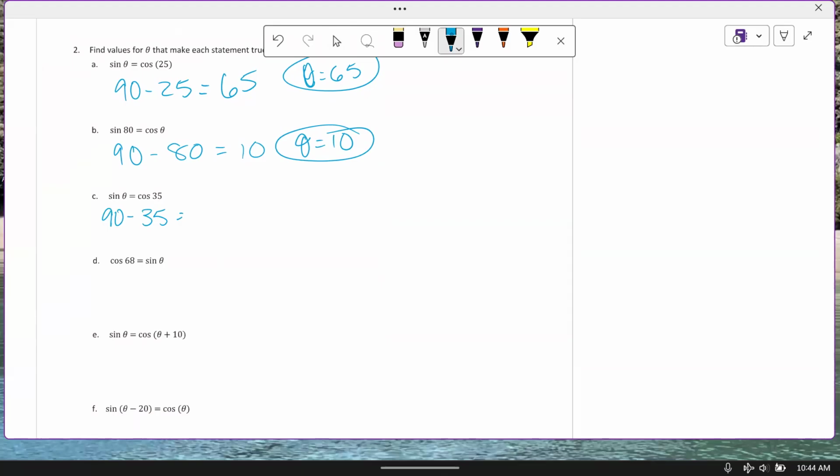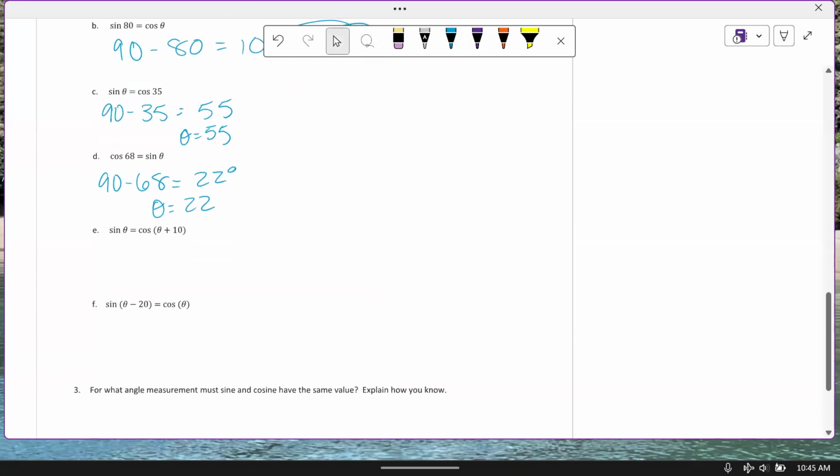That should be 55, right? So theta equals 55. 90 minus 68 gives you 22. So theta equals 22.